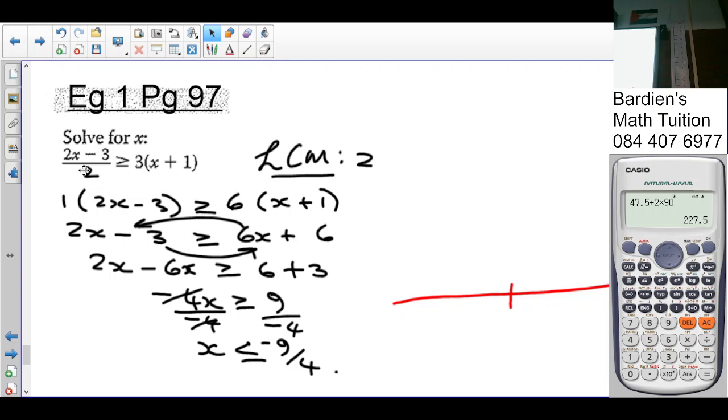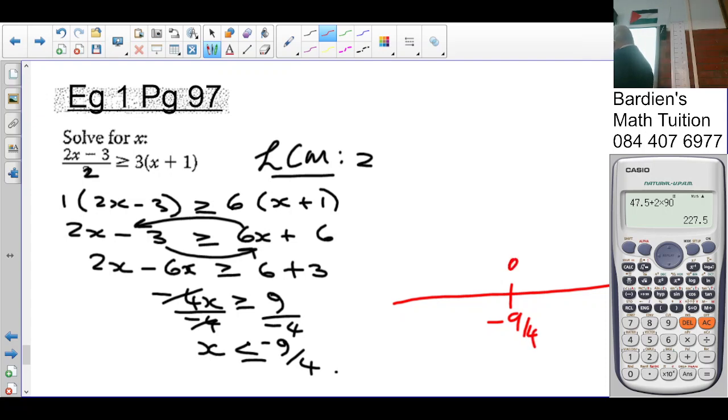So we'll have a closed circle, she says, at negative 9 over 4. So read the inequality. X is less than or equal to negative 9/4. Which direction? Left. It was less than, it's smaller. This was going in the smaller direction.